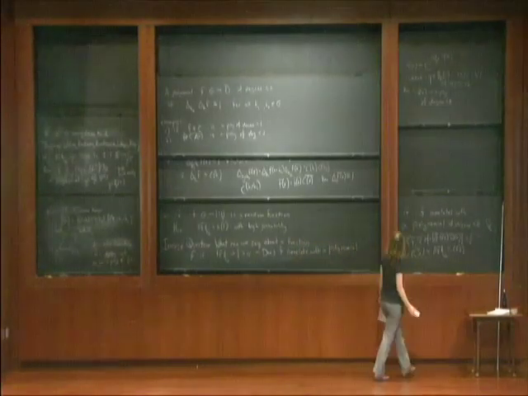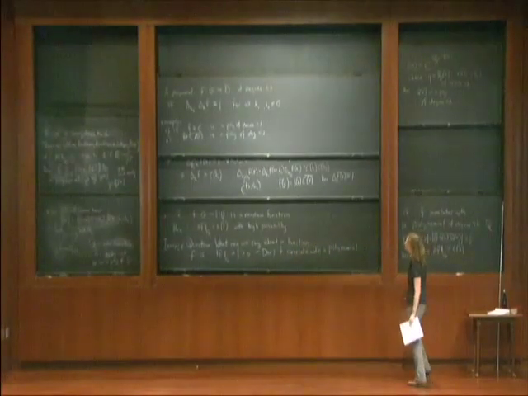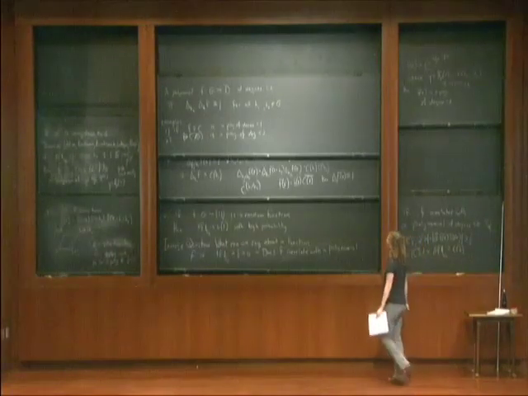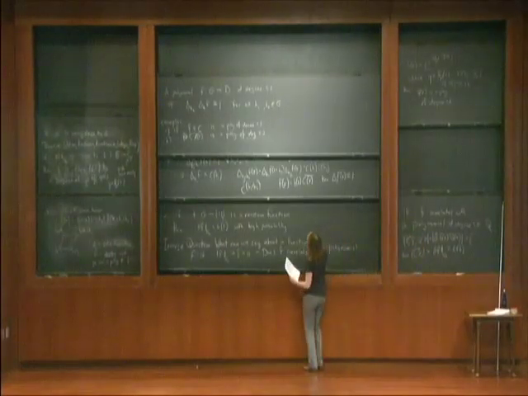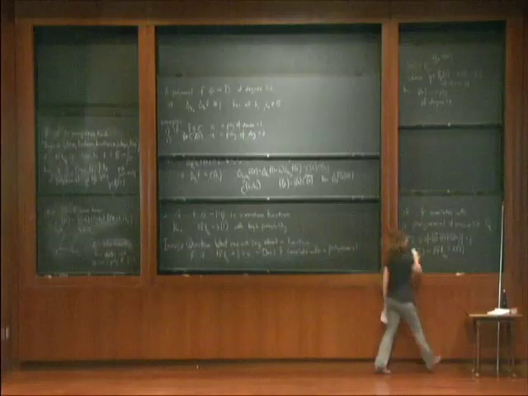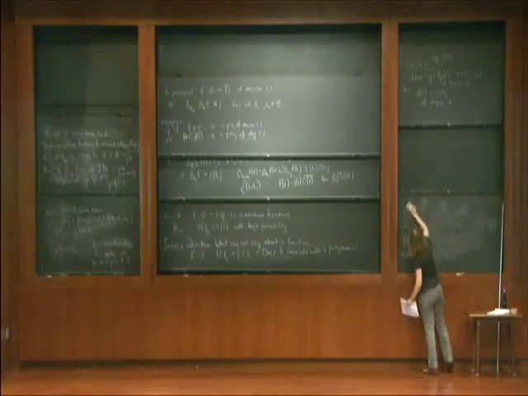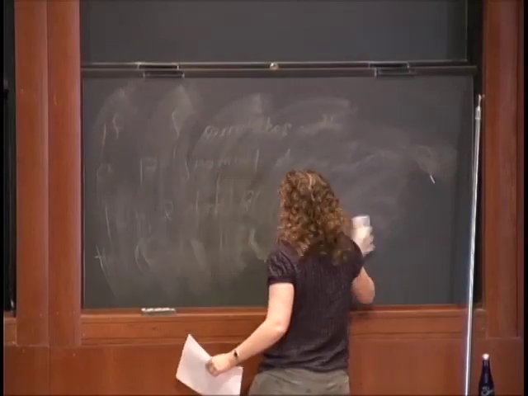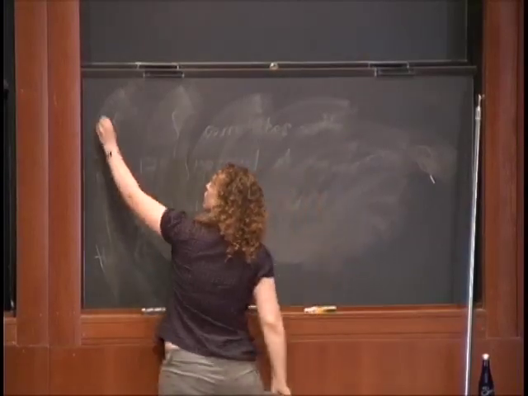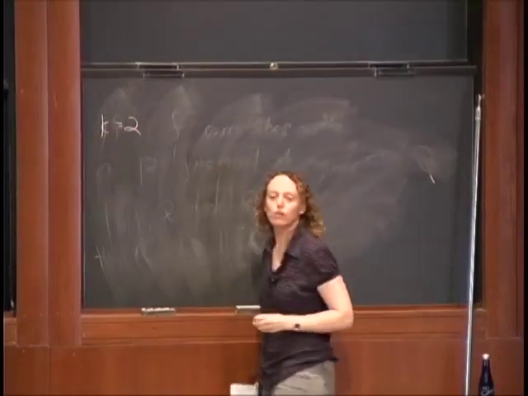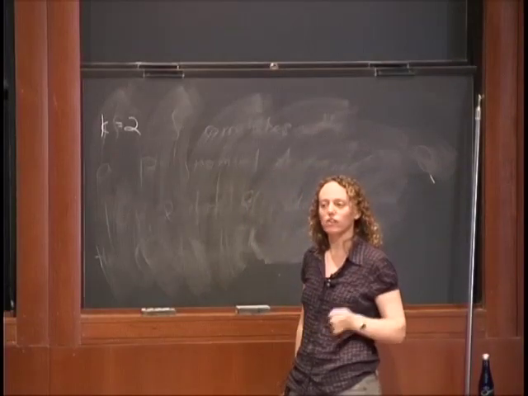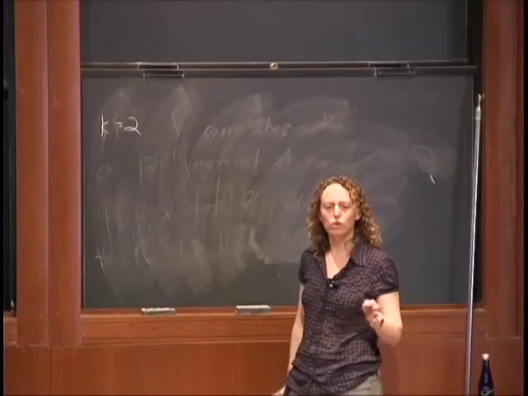So this is the calculation for if k equals 2. If we're looking at the U2 norm, then this calculation, you saw it in Ben's talk and maybe also in Luca's talk.